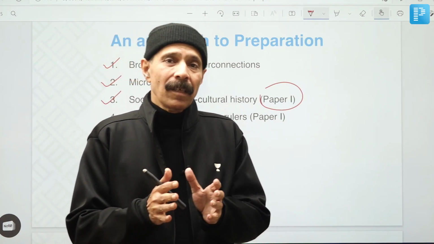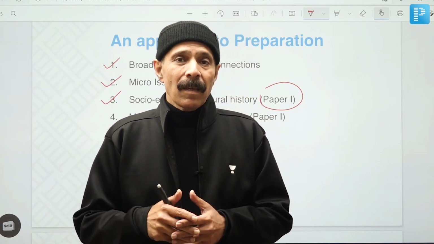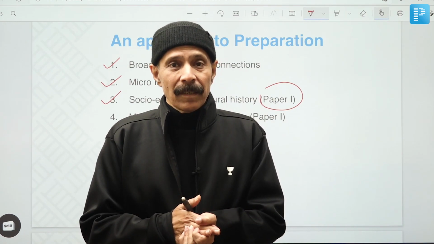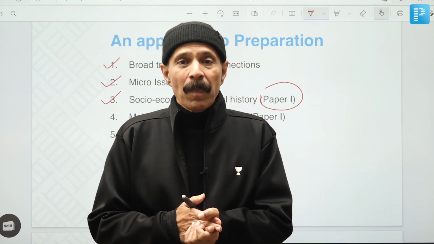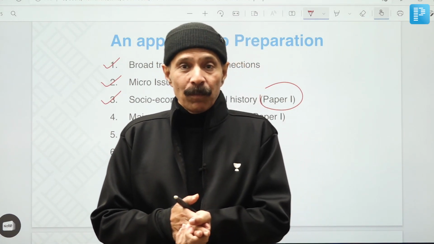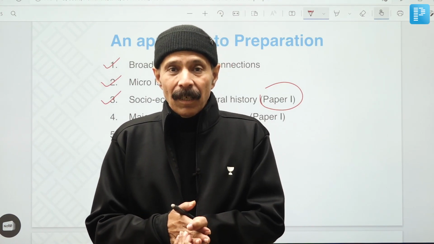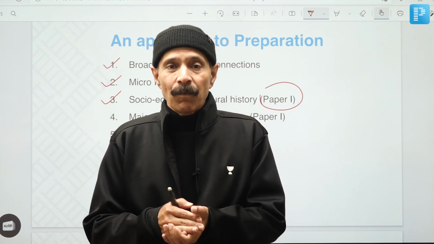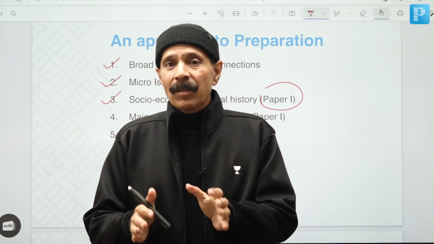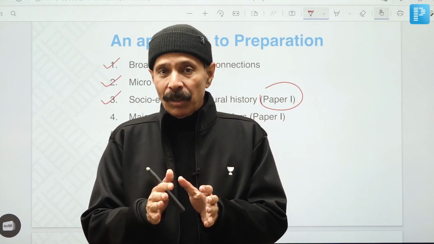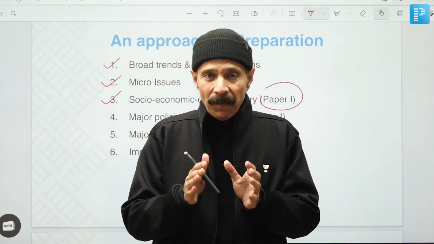This incorporates topics such as trade, urbanization, craft, guilds, coinage, art forms, literature, sources, religion, philosophy, status of women, etc. So these have emerged as a dominant theme in the question in paper 1. So when you work on paper 1, there should be focus on this.